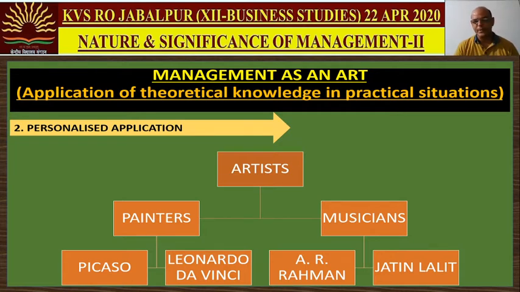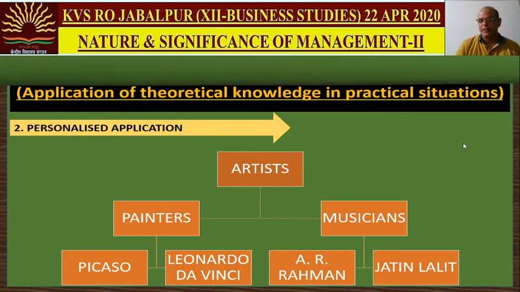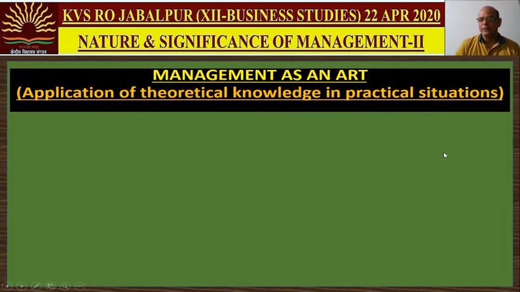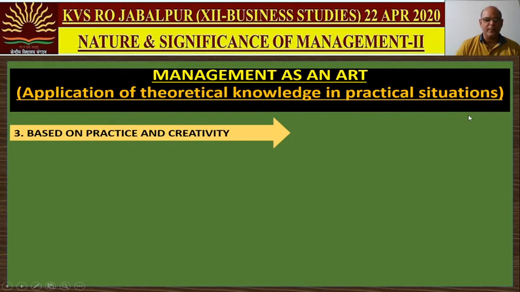It means same situation, same theoretical knowledge of management, but the application is different. So according to the second point, personalized application, yes, management is also an art. Management has the first feature of art, that is theoretical knowledge. Number 2, personalized application.